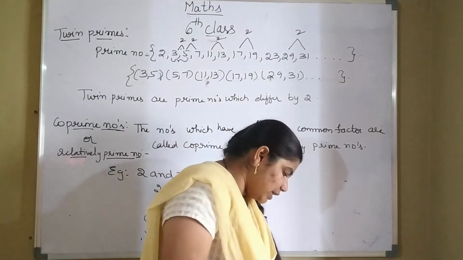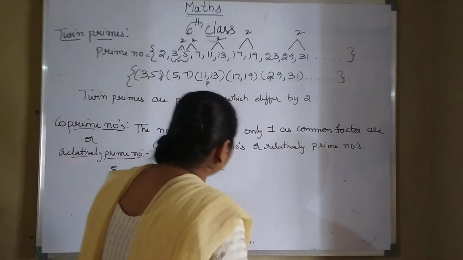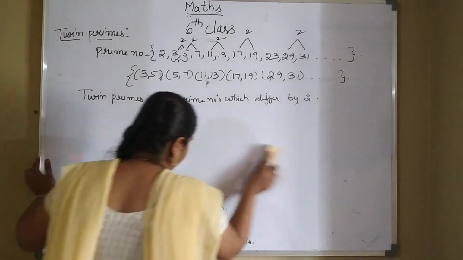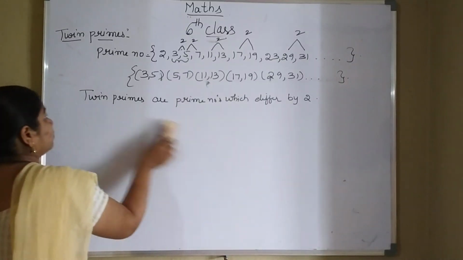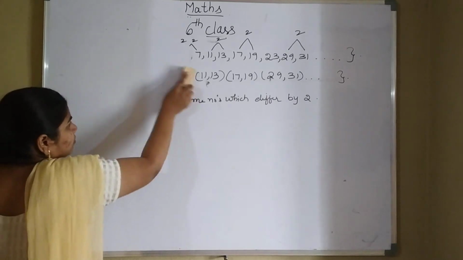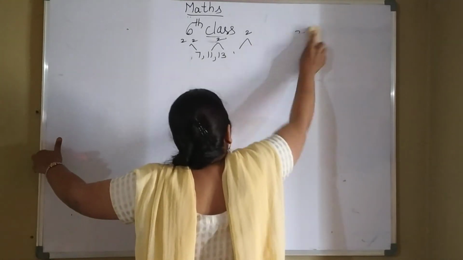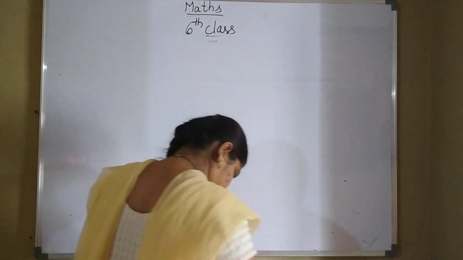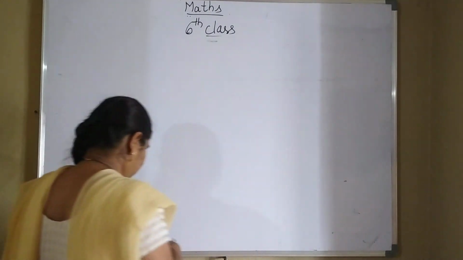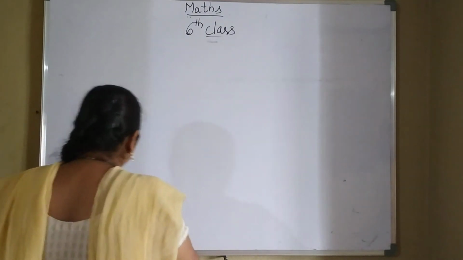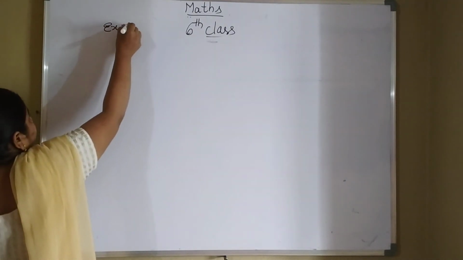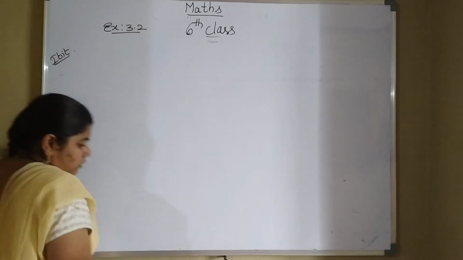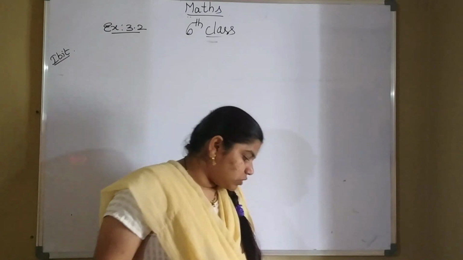We will start our exercise now. So first bit in this, exercise 3.2. First bit, what is that? Write all the factors of the following numbers.